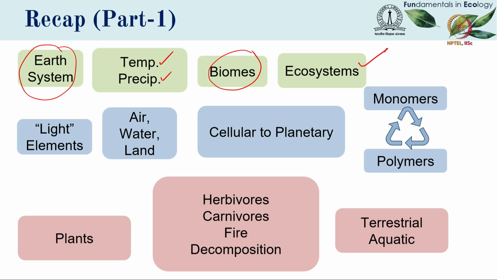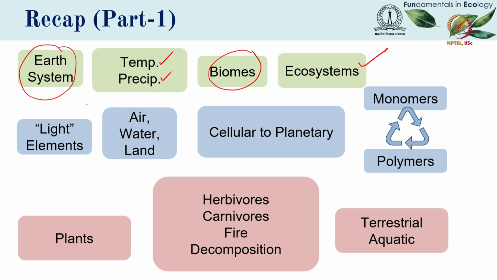And life is distributed unevenly. If you look at the equator and go towards the pole, you'll see very vast differences in the types of organisms, types of plants that live in different places, and these differences are related to how temperature varies and how precipitation varies. This variation is due to the tilted nature of the Earth's axis.